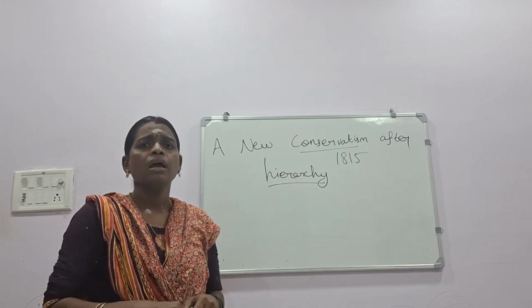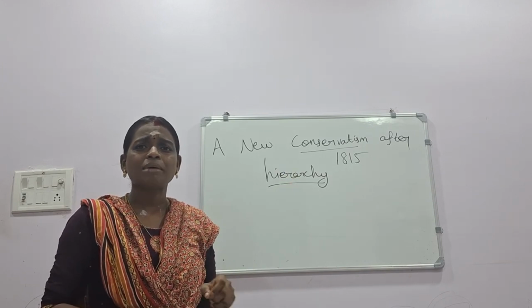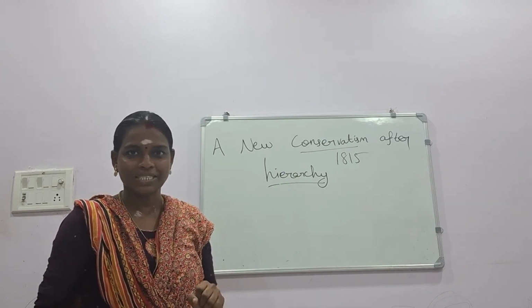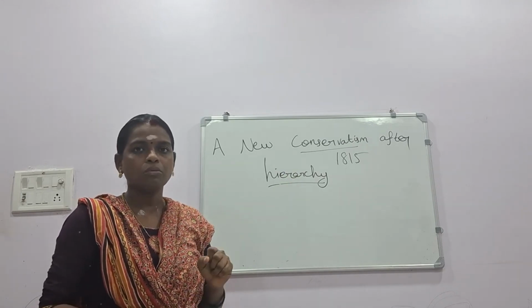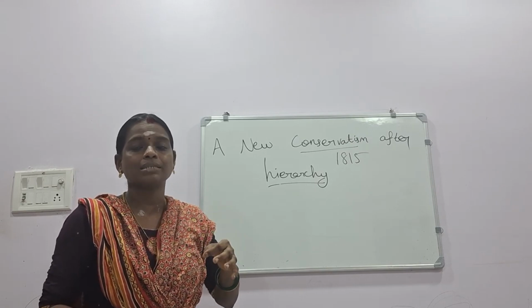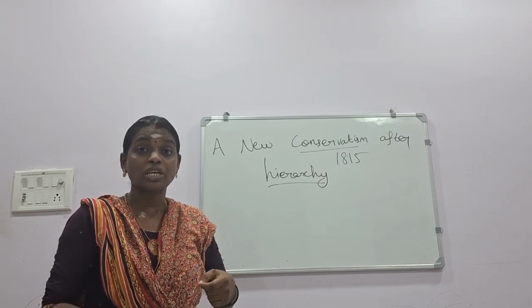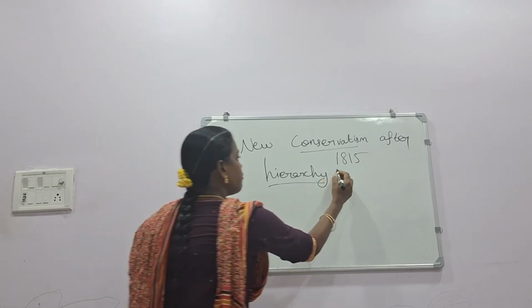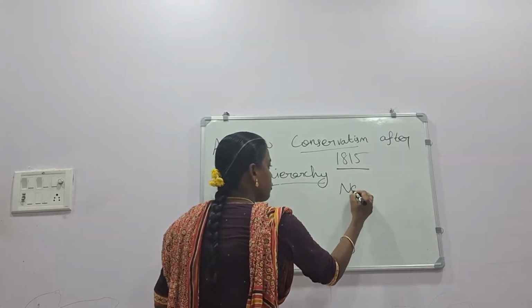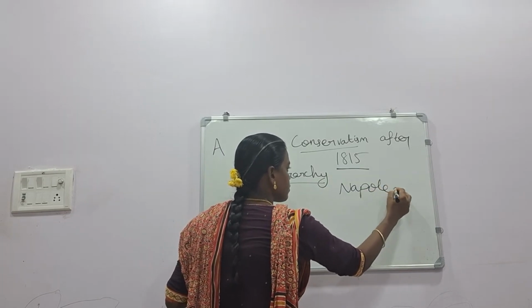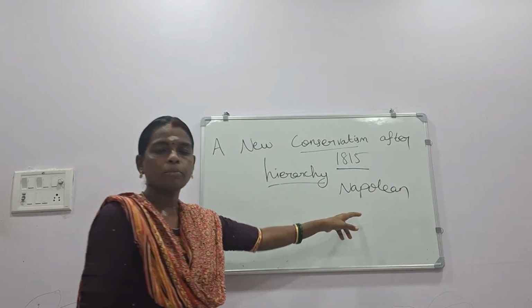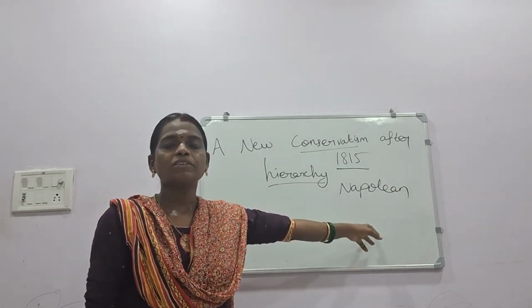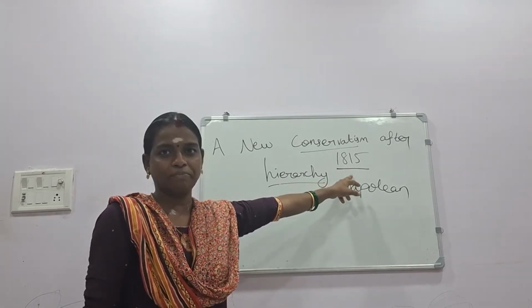Let's see how conservatism entered into European countries. One more time, how the conservatism principle entered into the European countries. In 1815, we studied about Napoleon, no? This Napoleon was defeated in the year 1815.